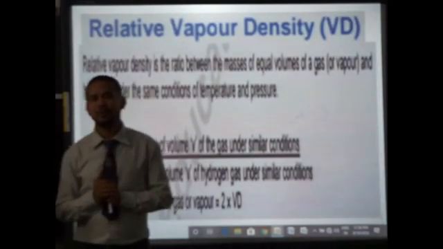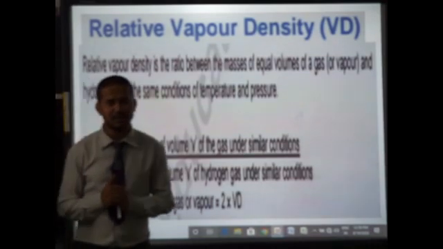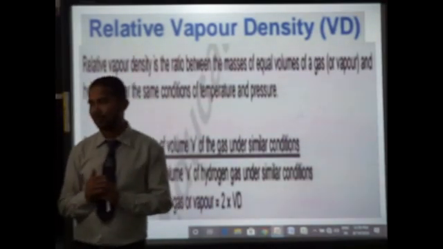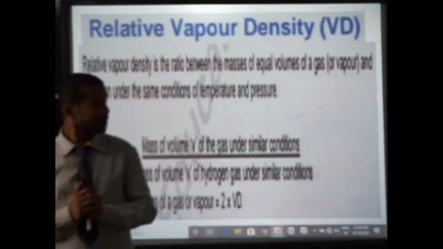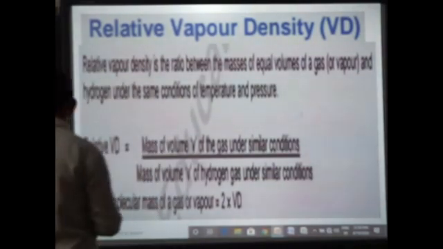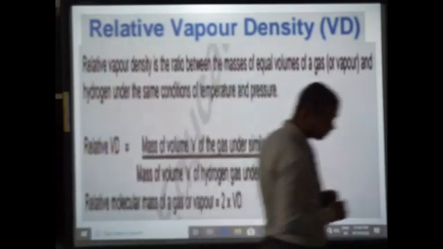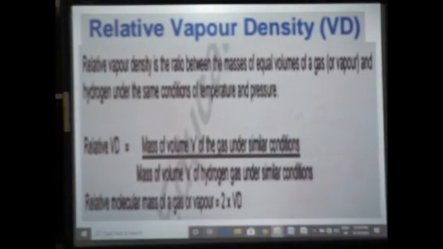Then relative vapor density. So what is relative vapor density? Relative vapor density is the ratio between the masses of equal volumes of a gas or vapor and hydrogen under the same conditions of temperature and pressure.